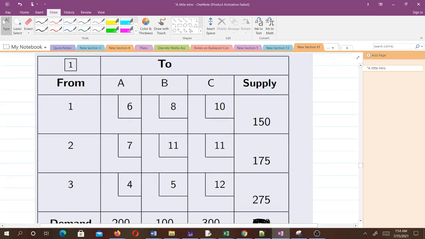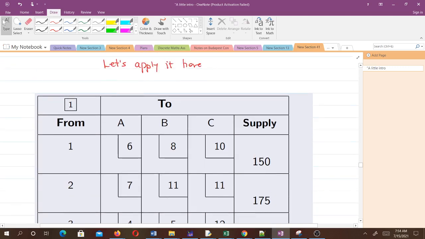So with the northwest corner method, what it says is that we come to our problem. This is the initial simplex tableau. When you come here, what we have to do is locate the upper left hand cell.